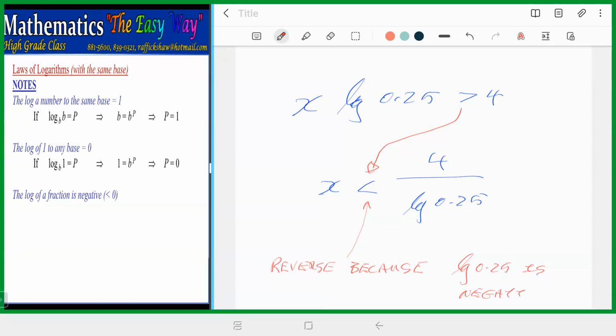And once you have an inequality, and you multiply or divide by a negative number, you have to reverse the sign. I don't know the value yet, but I must say negative because it's the log of a fraction. So pure math students, you must know that. These things that are on the notes page, you must know.